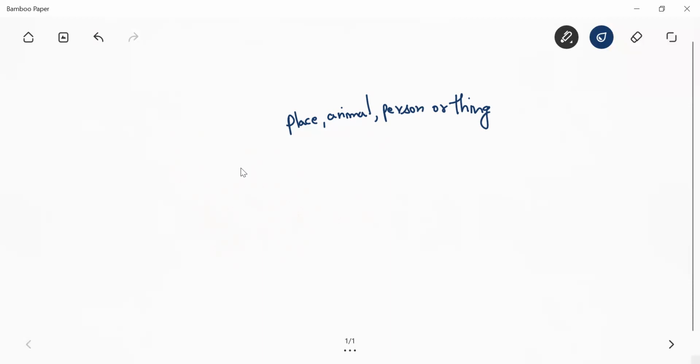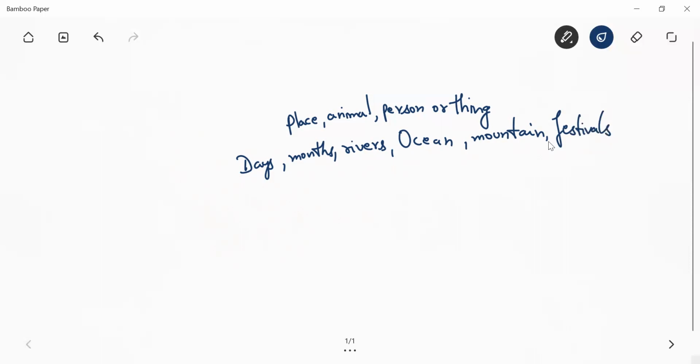Now, names of days, months, rivers, oceans, mountains, festivals, these come under proper nouns.